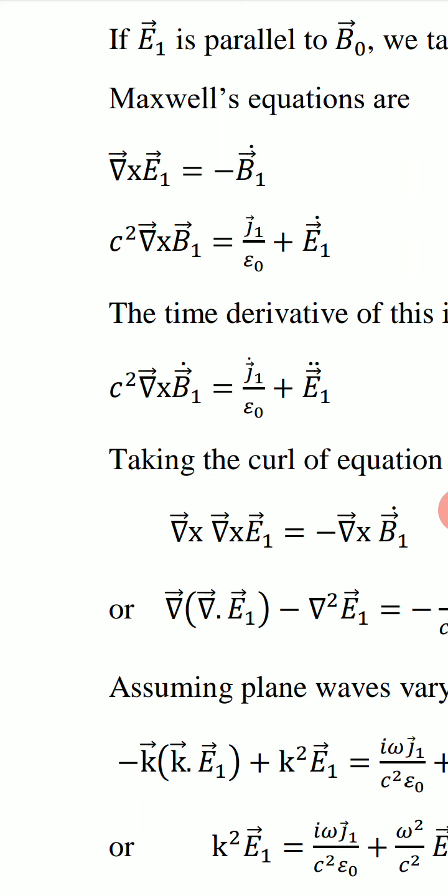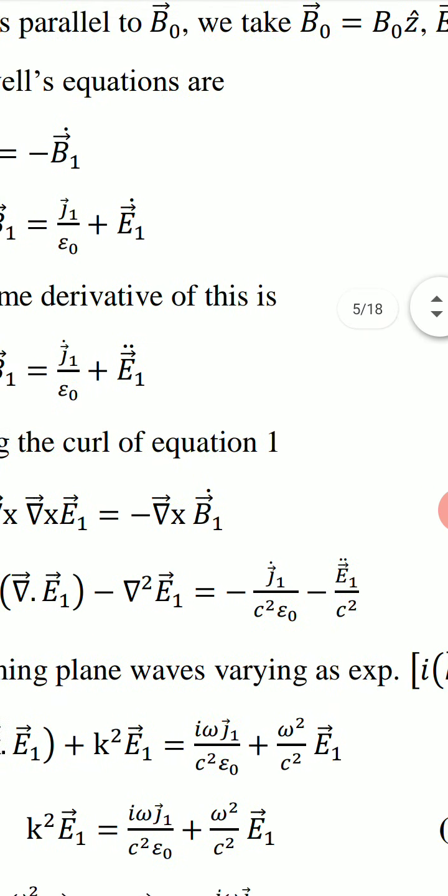So the Maxwell's fourth equation, which was del cross B equal to mu 0 into J plus epsilon 0 delta E upon delta T, now becomes C square del cross B1 equal to J1 upon epsilon 0 plus E1 dot. E1 dot is delta E1 upon delta T.